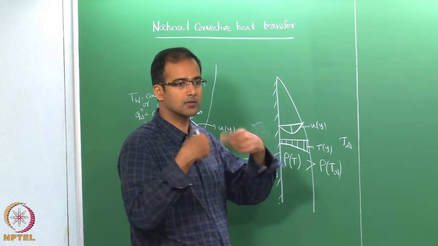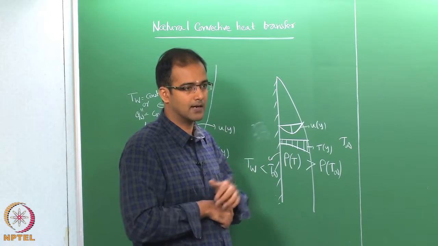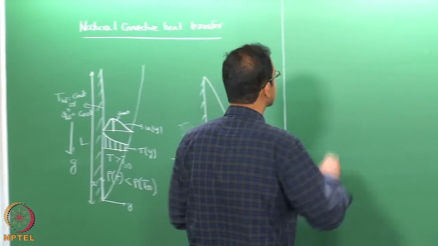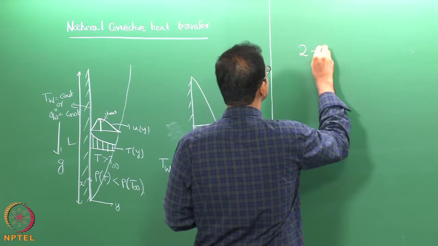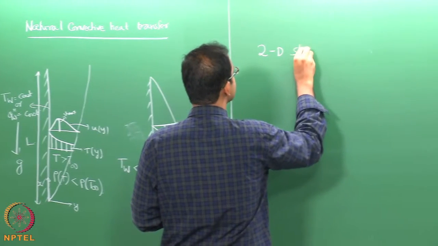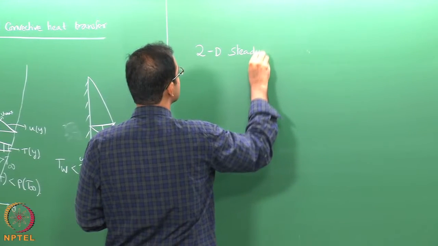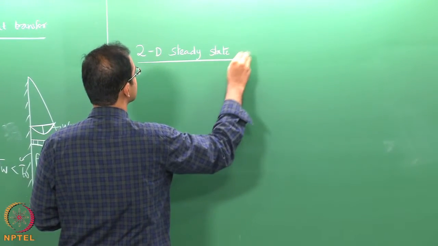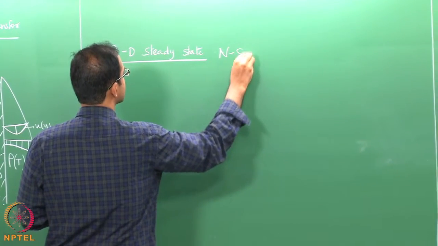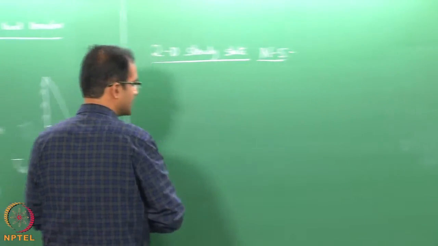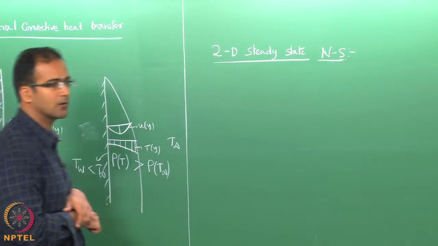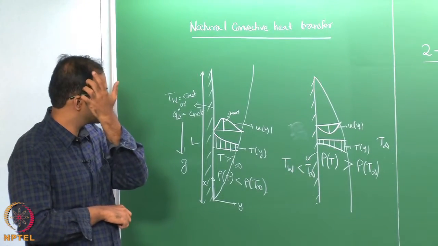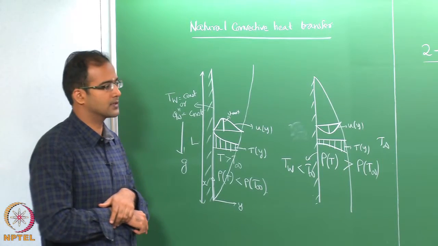But before we go to the boundary layer equation, let us first write down what will be the Navier-Stokes equations, 2 dimensional, steady state Navier-Stokes equations for the natural convective boundary layer past a vertical flat plate. So, how will the continuity equation look?